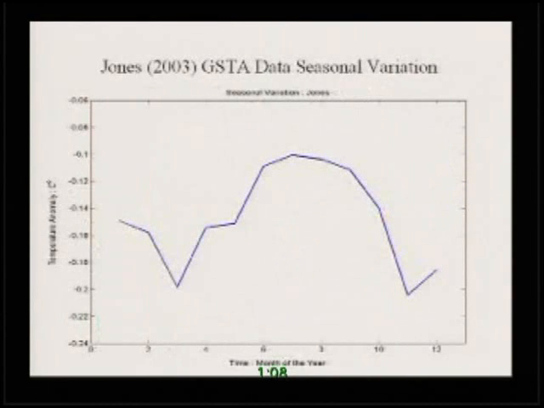So I decided to check how good this downsample is. What I did here is I plot the average temperature of January, average temperature of February, March, April, June, July, and all that.